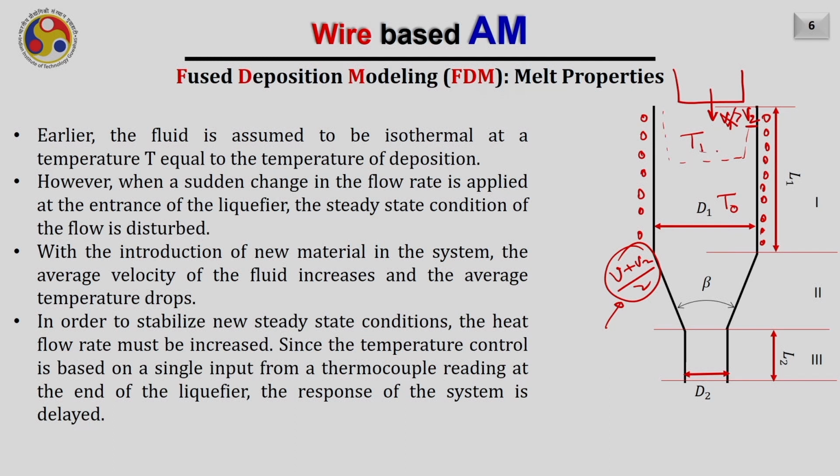If the heat flow increases, definitely this temperature which is lower than the earlier temperature T0 will become equal and we will be able to maintain the steady state condition. However, as this process is done by taking feedback from the thermocouple attached here, there is always a delay. This cannot happen all of a sudden. Therefore, there will be a huge pressure drop required to push the molten material through this liquefier when you change the velocity from V1 to V2 suddenly.